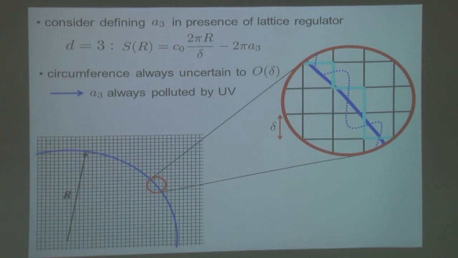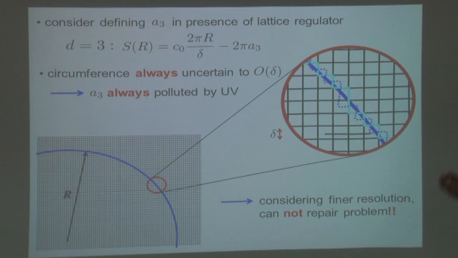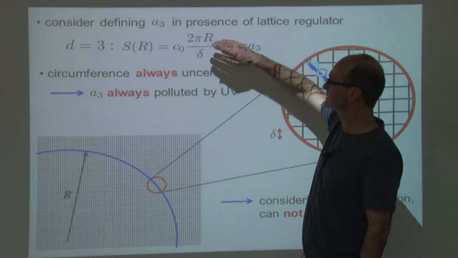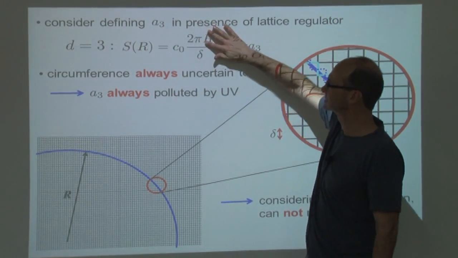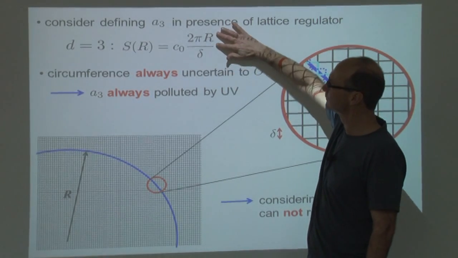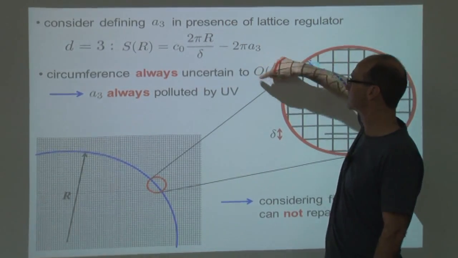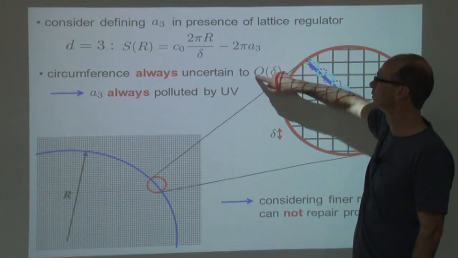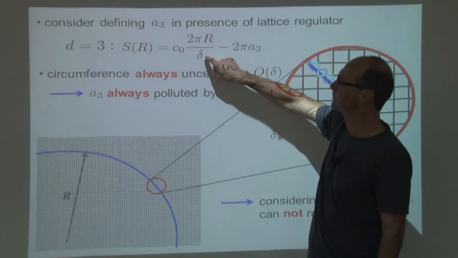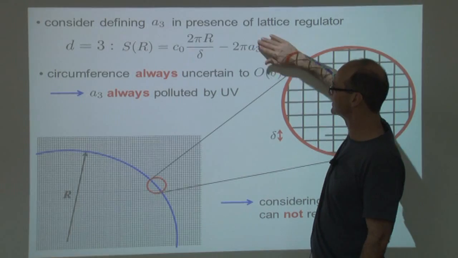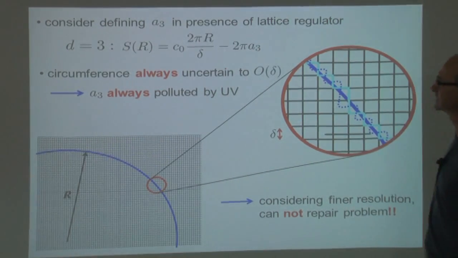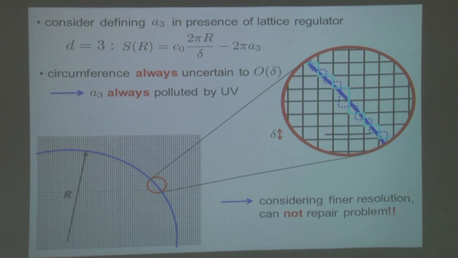And I want to emphasize that it's not just a matter of refining the lattice and running bigger codes for longer. You're going to improve your resolution, or reduce the uncertainty in the circumference, but unfortunately you're always going to have a resolution problem of order delta, and here I'm dividing by that delta. And so no matter how small I make delta, I'm always going to have the same problem, that this gets polluted by UV data.